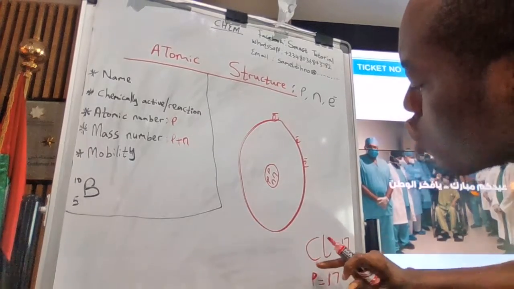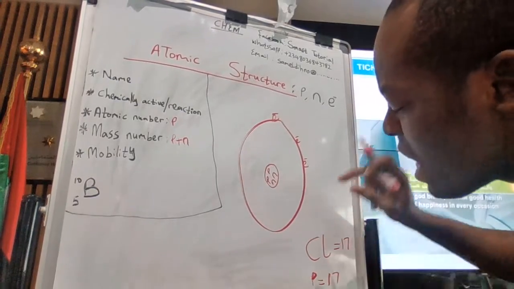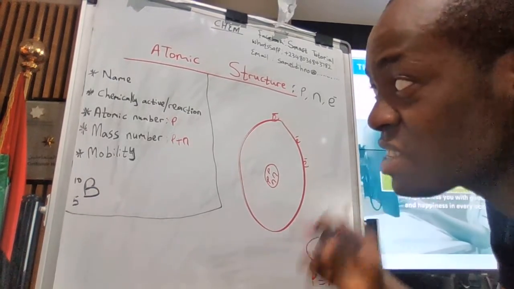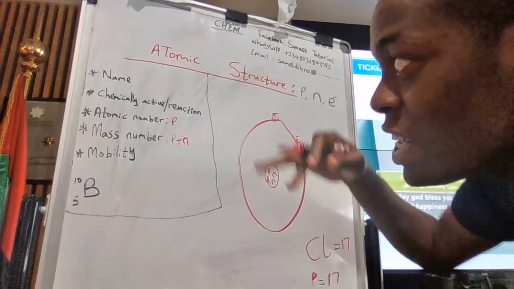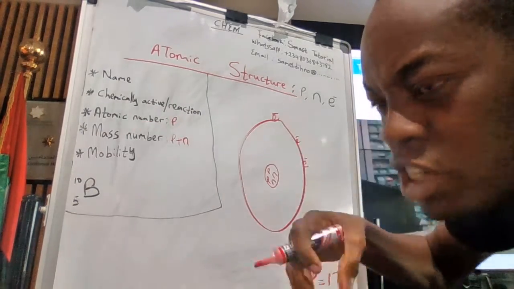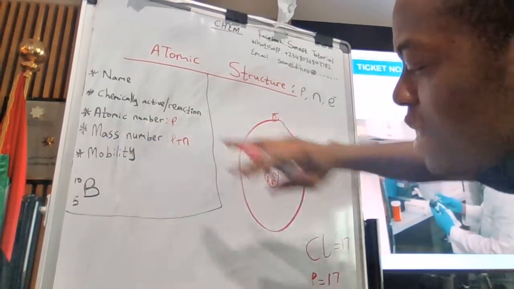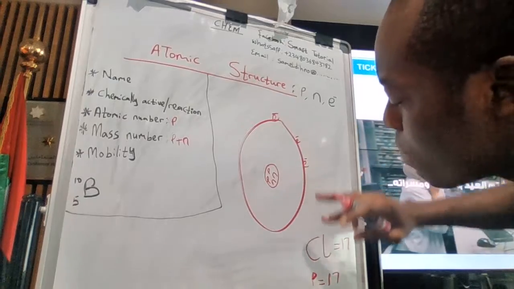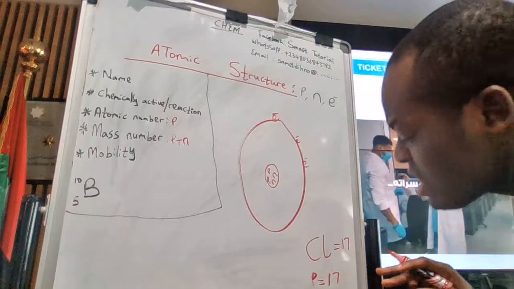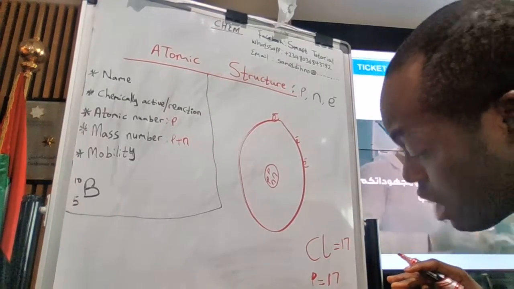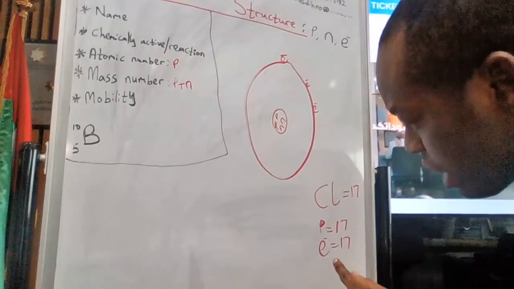Now, the atomic number of chlorine is 17, which is the proton, but the electronic configuration is the same thing for most elements. The number of electrons is almost equal to the atomic number, but you cannot use the atomic number to form the electronic configuration. This E is the electron here. The electron is 17.